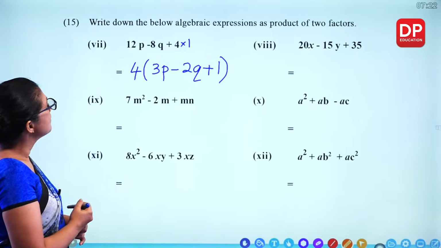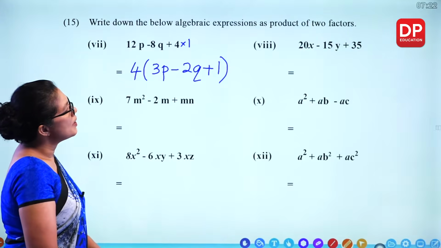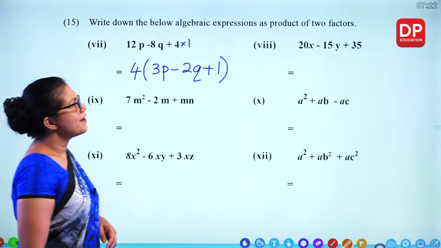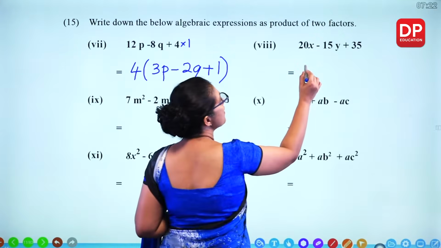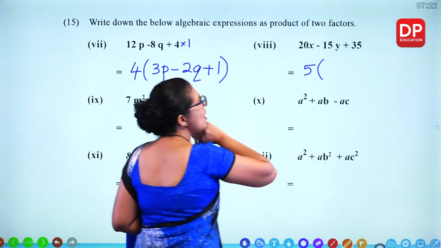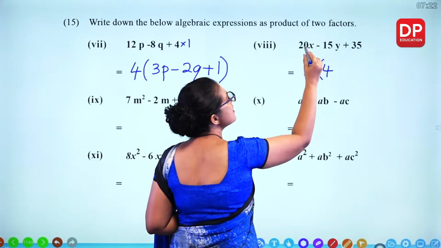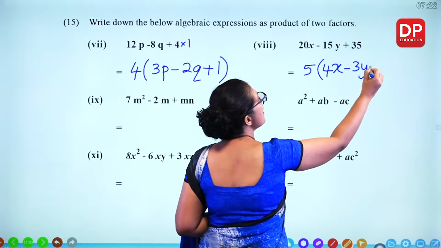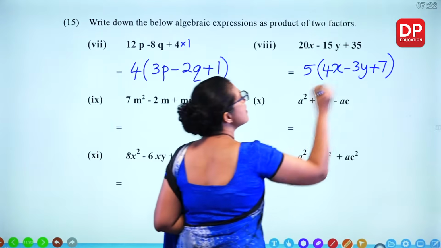Then this one, 20x minus 15y, 35. So what's common there? 5 is common. Take it out. Remaining part you write inside: 4x, 3y and 7.